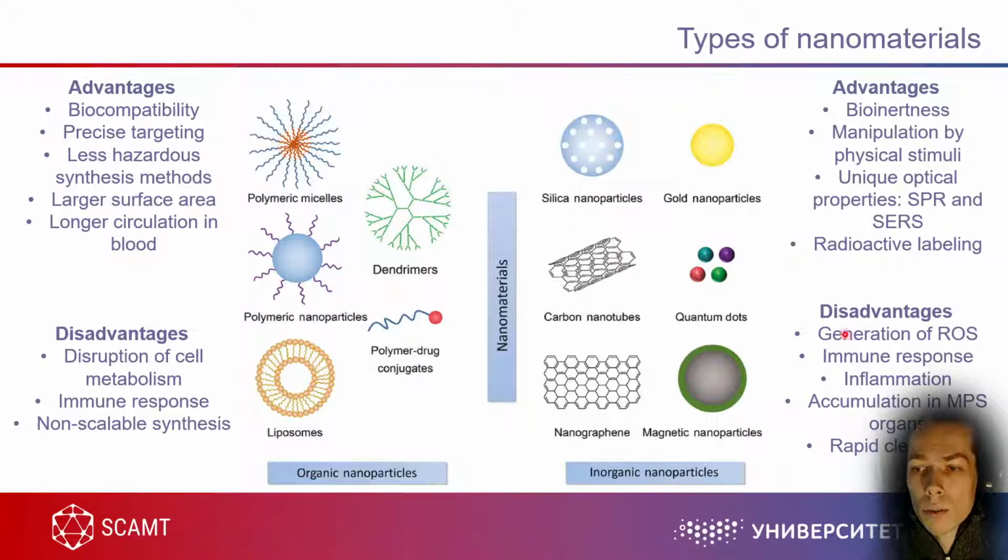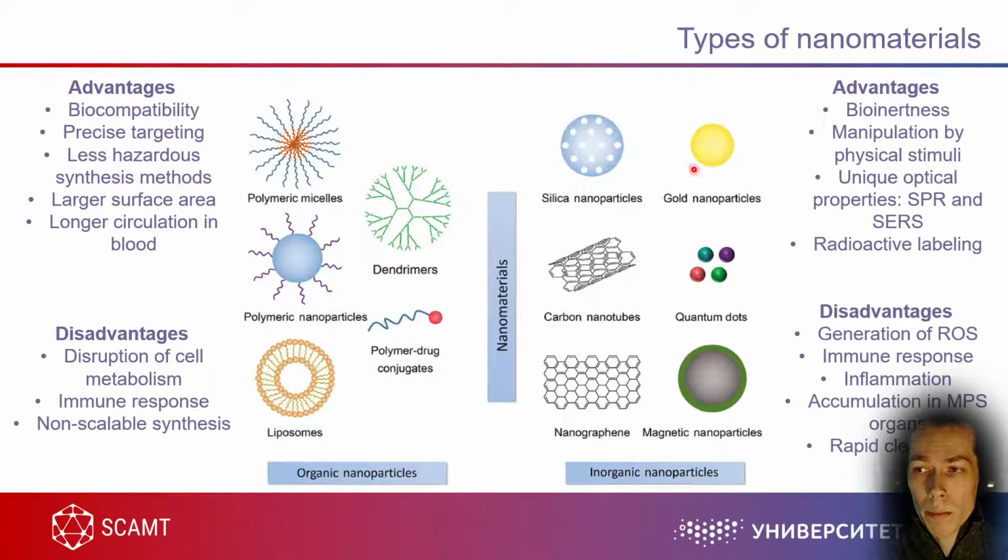But if we switch to inorganic particles, there's also a lot of advantages. For example, bioinertness. Just to compare, biocompatibility and bioinertness are completely different things. Because organic particles can be used as building blocks for the organism, for example, liposomes can be used for building cell membranes.